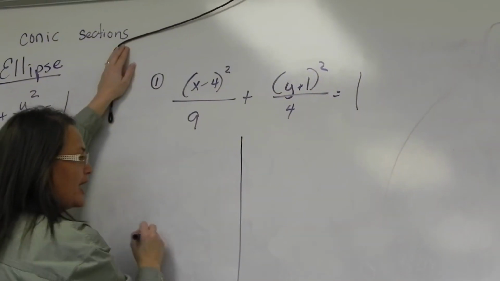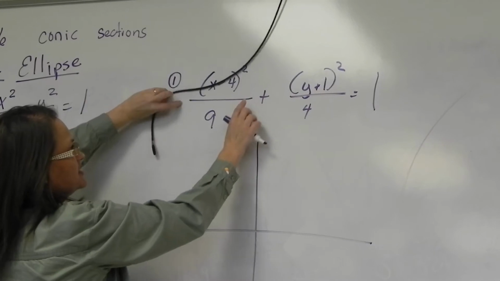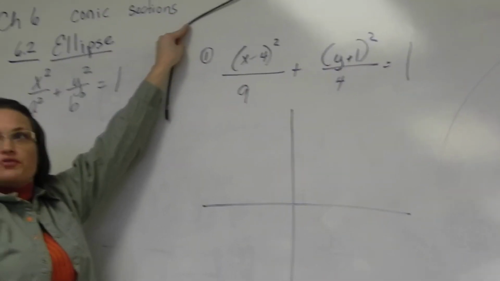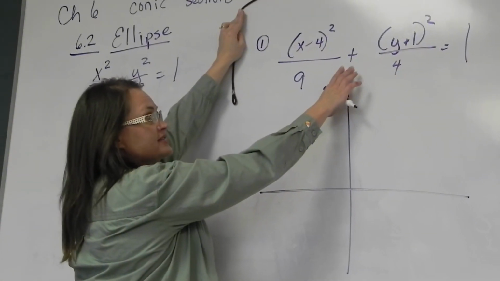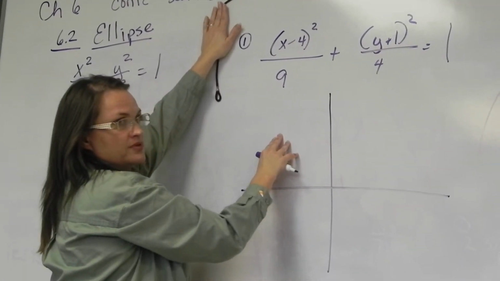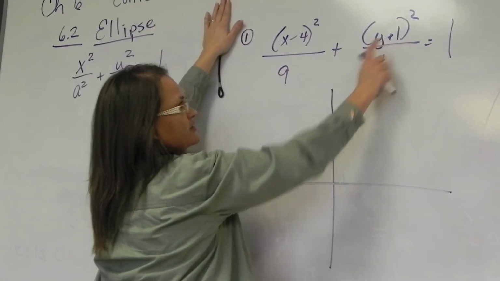All right, let's see that in this example 1. Why I think this is an ellipse is x is squared, y is squared, and these would be considered different coefficients, like 1/9 and 1/4. So different coefficients, but it's still plus. It's already put into the standard graphing form. This has a centering that is moved to positive 4, negative 1.